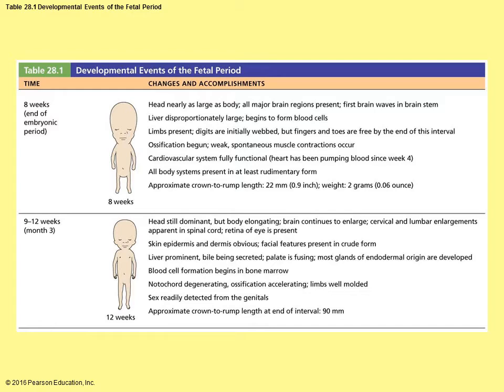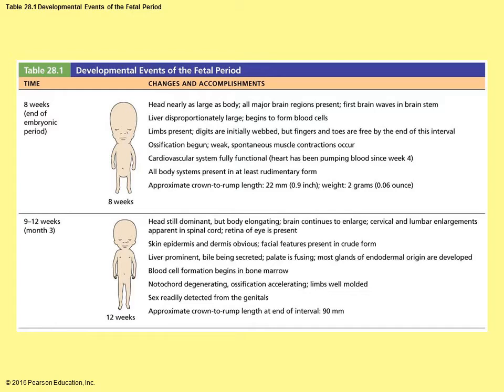The limbs are present. Ossification, the bones has begun. There are some spontaneous muscle contractions occurring. The cardiovascular system is functional. The heart usually starts pumping between week 3 and week 4. So all the body systems are present. That's why now we change the terminology from embryo to fetus.